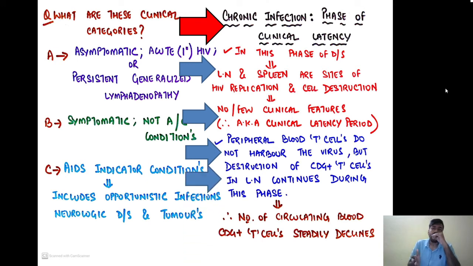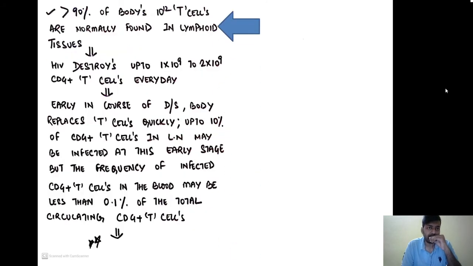So in the acute retroviral syndrome case, we saw that the viremia was there, that is the peripheral T cells in the circulation were containing the virus, but over here you will not see them. You will see that the HIV infection and the destruction of T cells is taking place inside the lymph nodes. Therefore, the number of circulating blood CD4 plus T cells steadily declines, at a very steady pace, not a very fast pace.